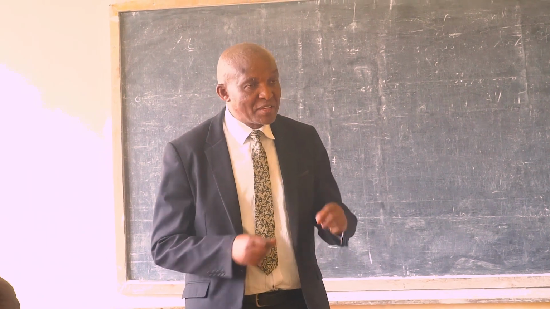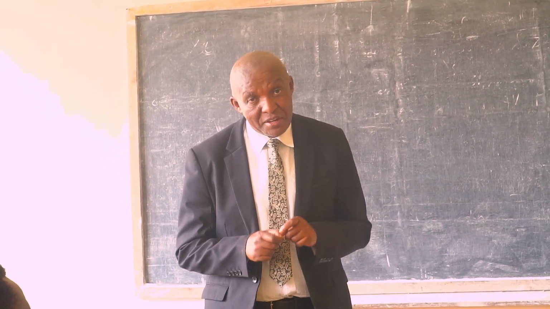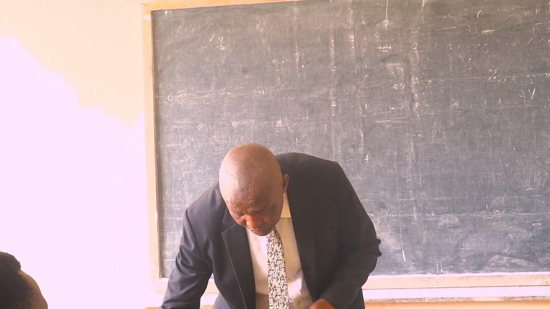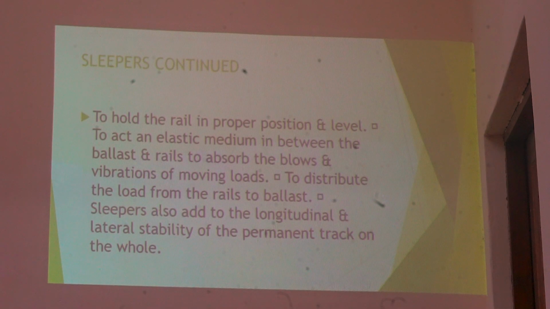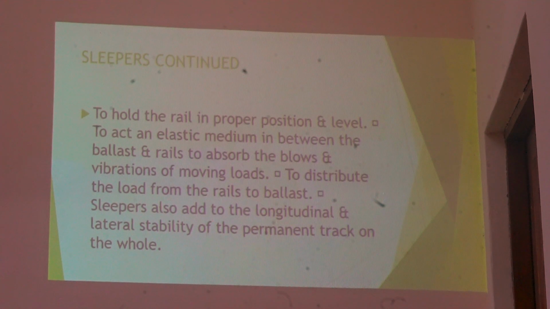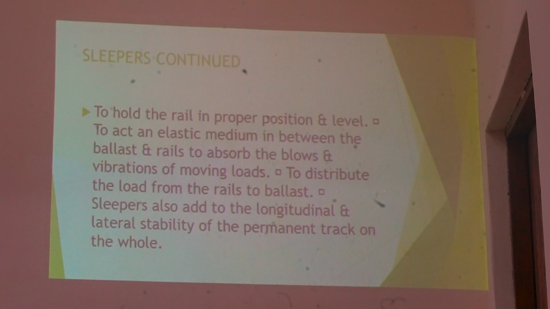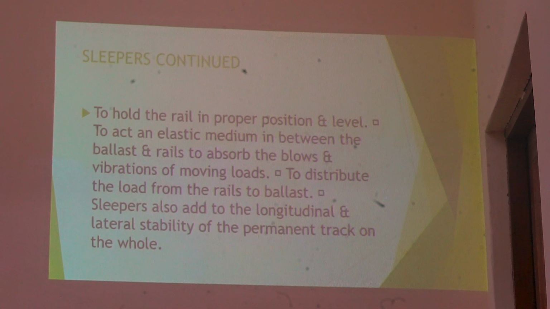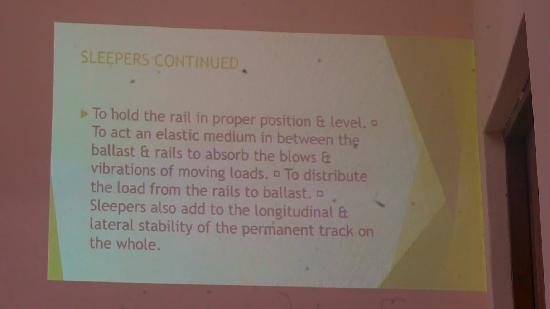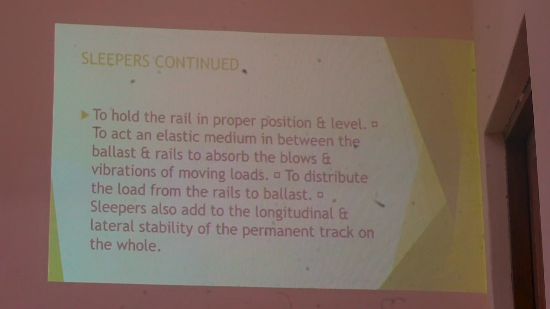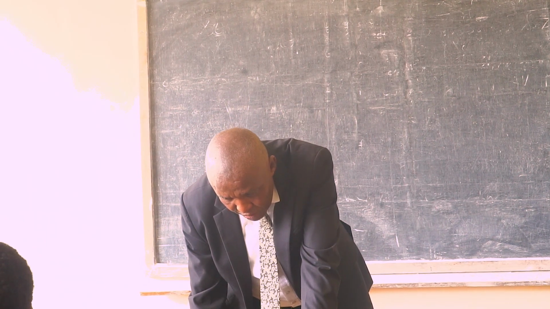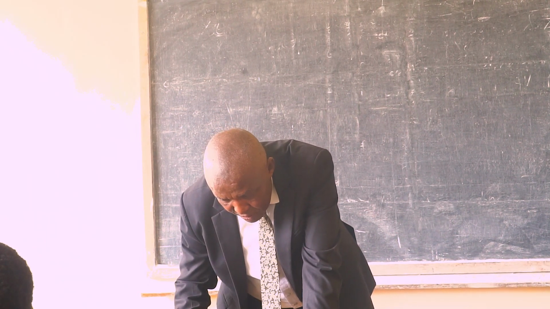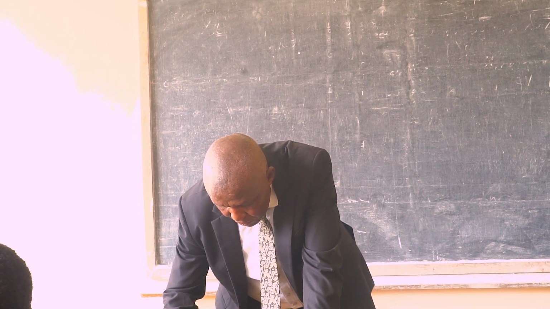So sleepers are the cross members holding the rail together, to hold the rail in proper position and level, to act as an elastic medium between the ballast and the rails, to absorb the blows and vibrations of moving loads, and to distribute the load from the rails to the ballast. Sleepers also add to the longitudinal and lateral stability of the permanent track on the whole.